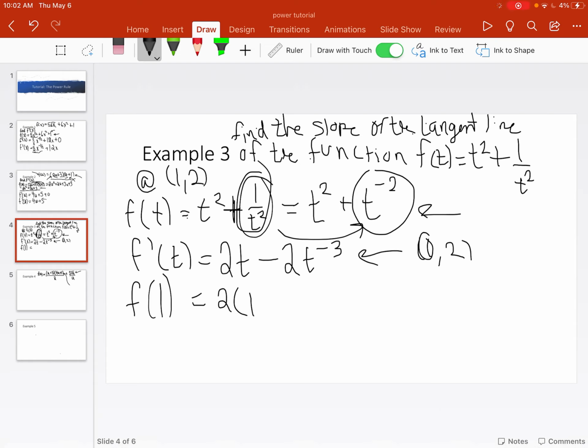So 2 times 1 minus 2 times 1 to the negative 3, and this just comes out to 0, because the ones are basically unaffected by the exponent, so it's 2 times 1 minus 2 times 1, which is just 0. So the slope of our tangent line is 0.